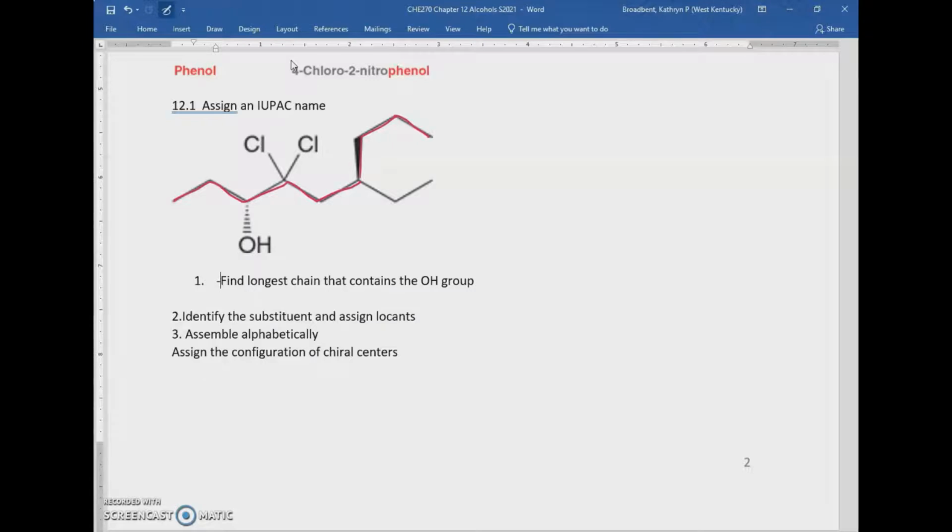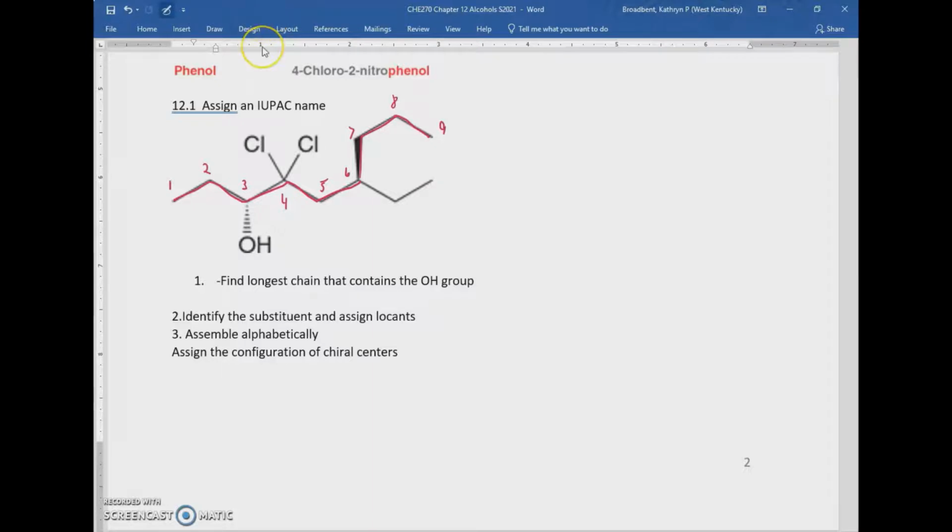And we're going to number that chain so that the hydroxy gets a low number. 1, 2, 3, 4, 5, 6, 7, 8, and 9. We want to then identify the substituents and assign locants and assemble it alphabetically.